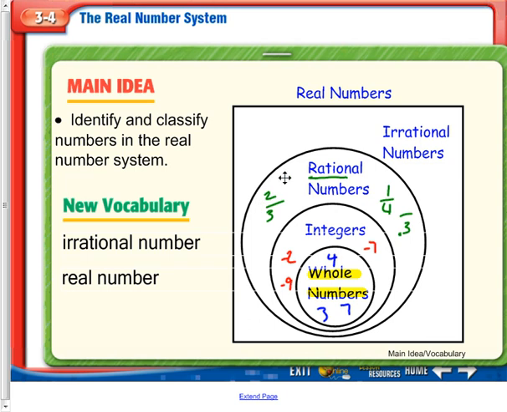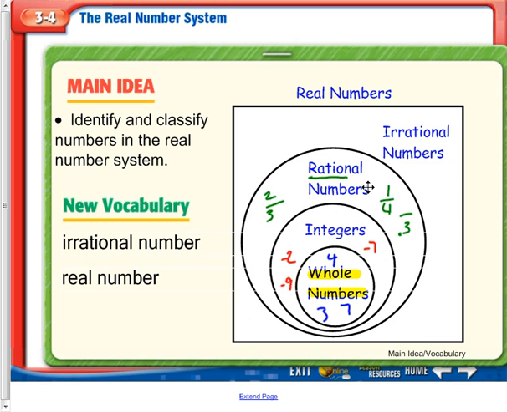One thing I don't like about how this Venn diagram is created is that irrational numbers, it looks like, encompass everything. However, really what I try to do here is show that irrational numbers are on the outside and they're not in a circle at all. So if anything is out here, it's considered an irrational number.